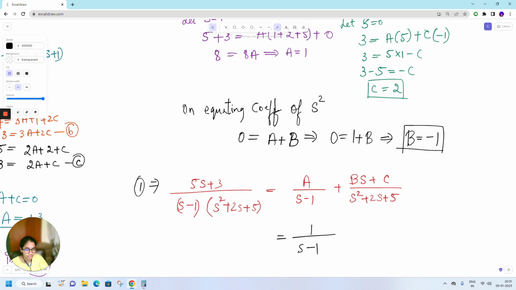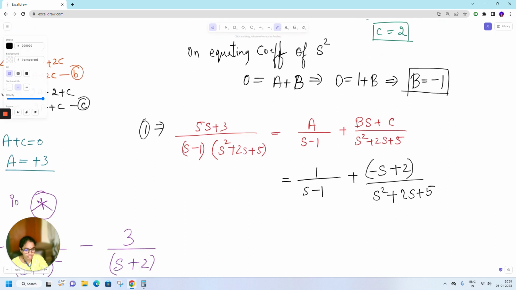So RHS would become 1 divided by s minus 1, plus, in place of B, I substitute minus 1 and C is 2, so I would get minus s plus 2 divided by s square plus 2s plus 5. Okay, so you see the first term is easy.